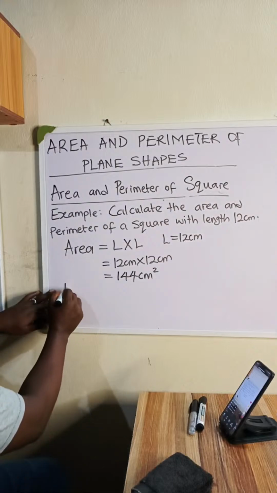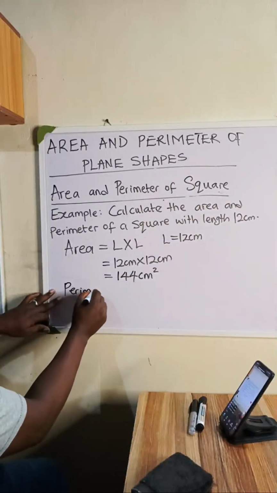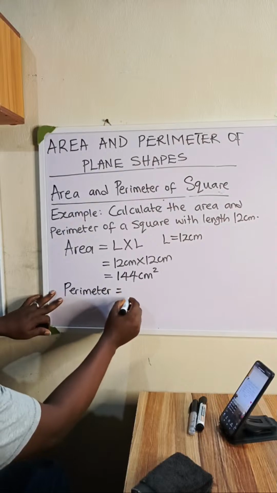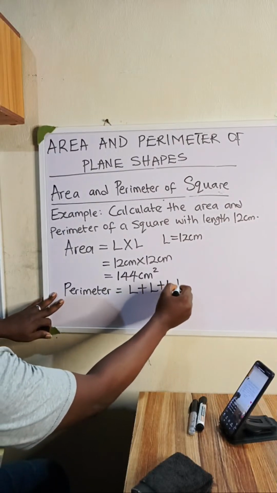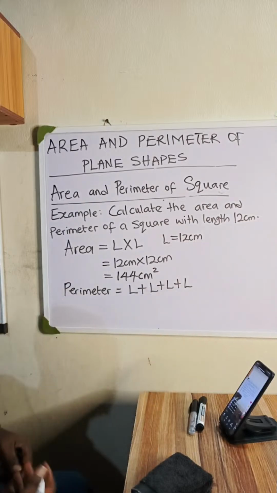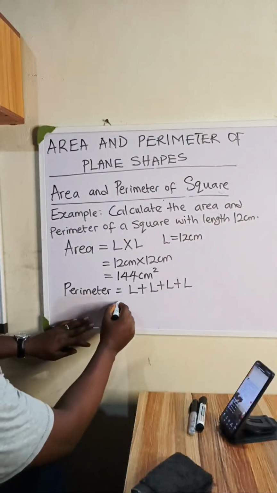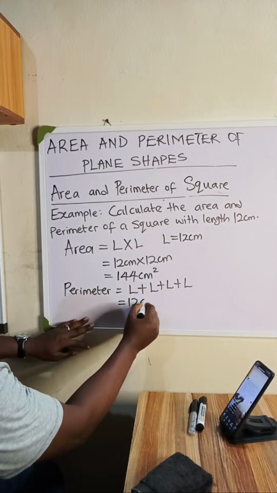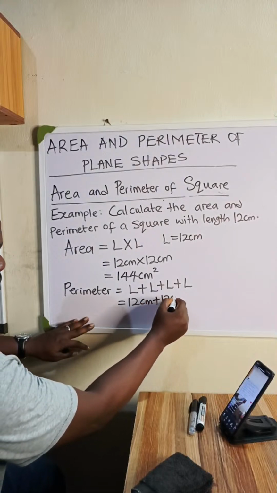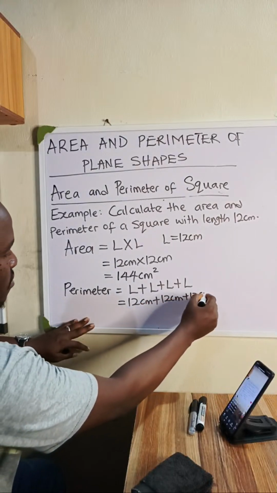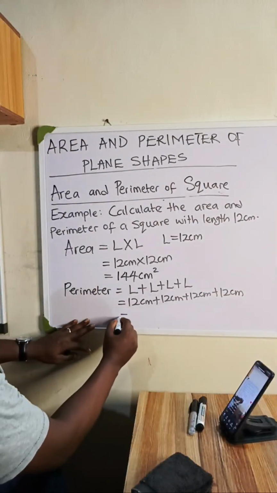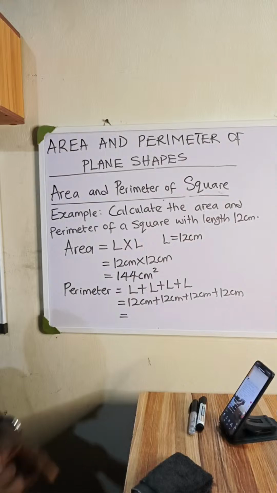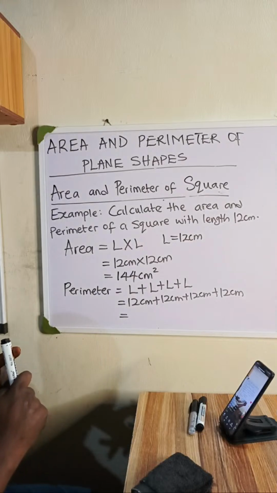So perimeter, we know that perimeter is equal to length plus length plus length plus length. Or we can say 4 lengths, which is 12 centimeter plus 12 centimeter plus 12 centimeter plus 12 centimeter. So 12 plus 12 is 24.